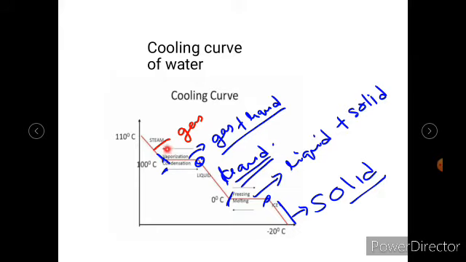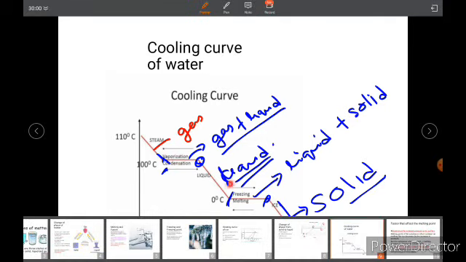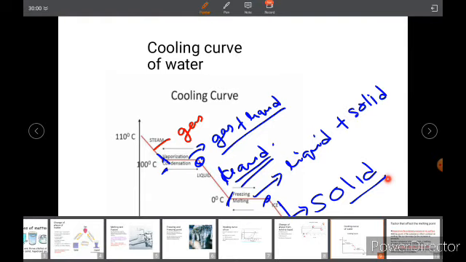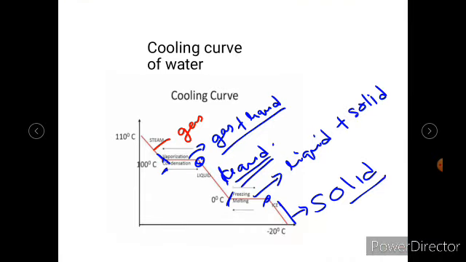Again, by decreasing the temperature from 100 to 0 degrees C, we can convert it into a liquid. Again from 0 to minus 20 degrees C, if we decrease the temperature, we can convert it into a solid. So this is the information that we can get from this cooling curve of water.